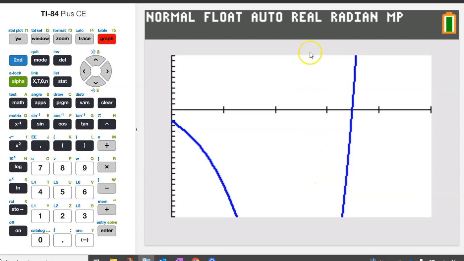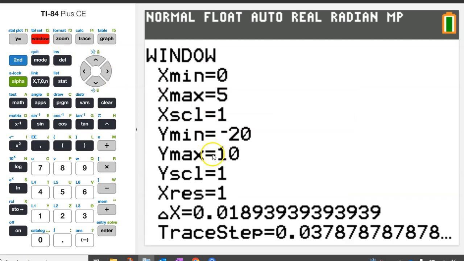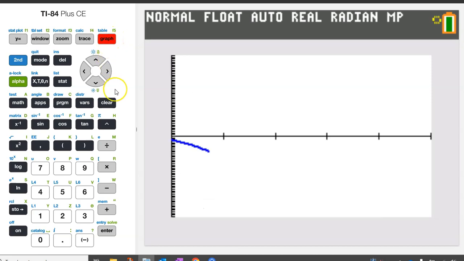So I'm going to increase my y max and decrease my y min. Okay, so let's go. I'm going to let my y min be negative 50 and my y max be positive 50. Let's see what we've got from that.